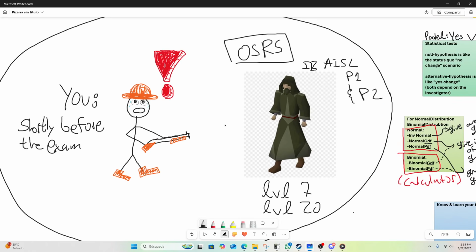And if you've ever played Old School RuneScape, when you try to reach the town of Varrock, there are around 11 dark mages between level 7 and level 20. Some of them hit you pretty hard when you're a noob, okay? This is your IB ISL paper 1, paper 2. And I hope you take this as a little bit of an inspiration.